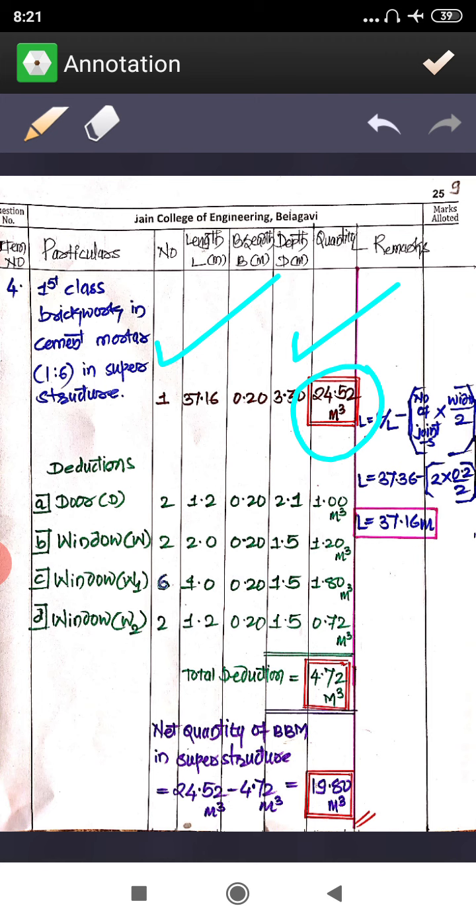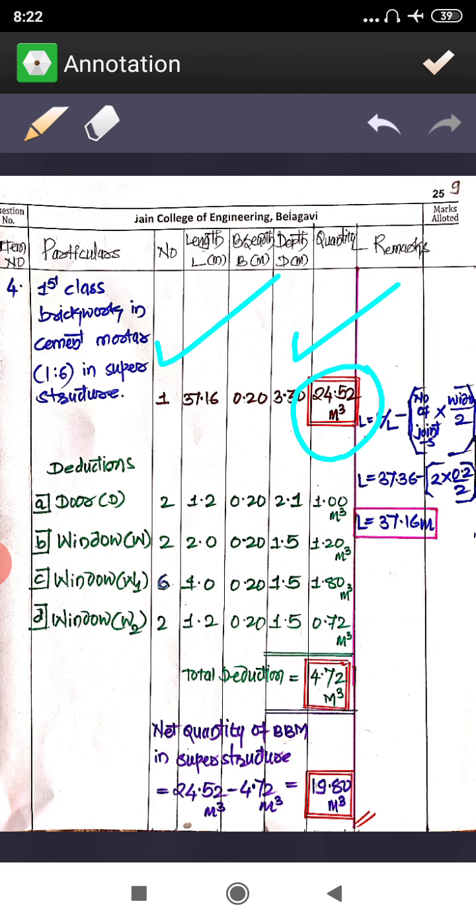Now we have considered the wall construction, that is BBM in superstructure. But if we see the plan, we know that there are so many openings, so we have to do the deduction for those openings. You will have doors, and you will have windows, and different types of windows are there.